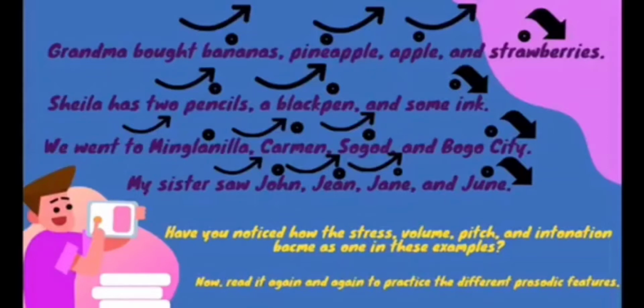My sisters saw John, Jean, Jane, and June. Have you noticed how the stress, volume, pitch, and intonation change in each of these examples? Now read them again and again to practice the different prosodic features.